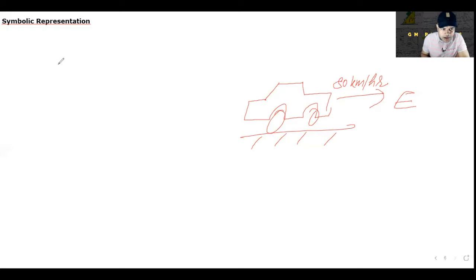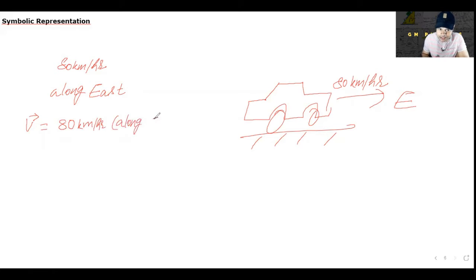So this 80 kilometer per hour is the magnitude of this vector quantity, and along east is its direction, right? So v vector can be written as 80 kilometer per hour, 80 units along east, right?